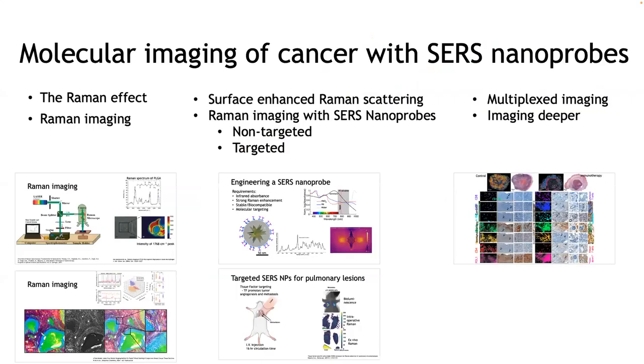So this is what we did in this paper. We did the whole thing from the chemistry to the imaging to the image analysis. It was a really fun paper.